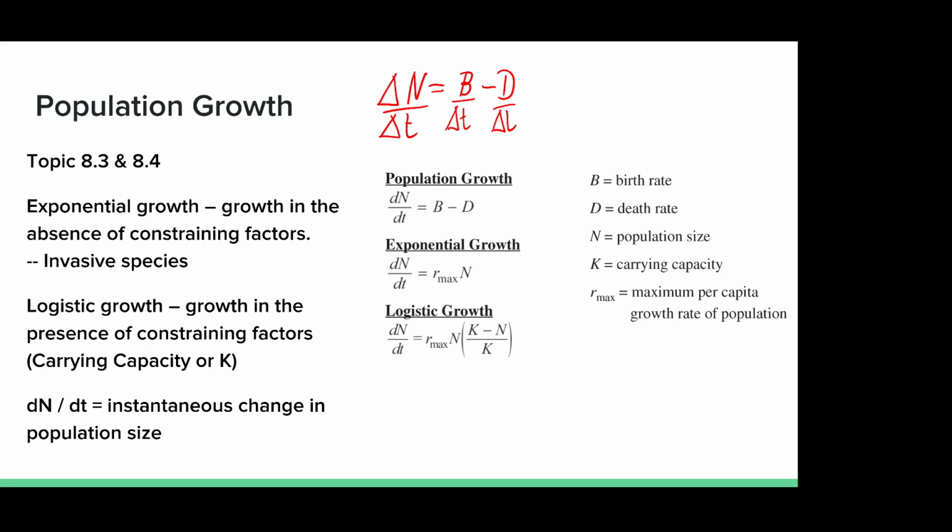So the number of births divided by the time period, number of deaths divided by the time period. Well, wait a second. If we now call this one birth rate, capital B, which nobody ever really does, and call this one death rate, now we have a population growth, that the population will grow by a difference between the birth rate and death rate.